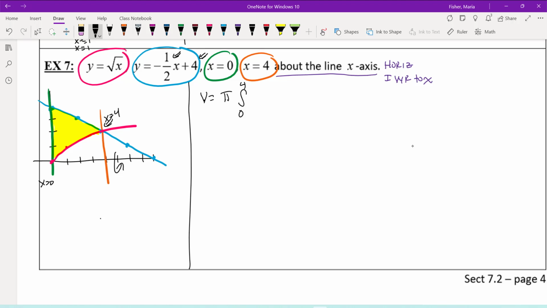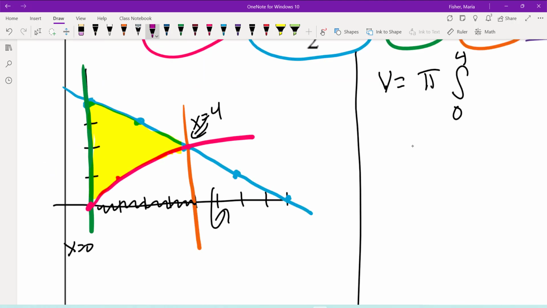Now, what we need to do is find our radius. Now, we do not touch the x-axis the whole entire time. We're not flush with it. So we know that we're going to have an outer and an inner radius. My outer radius is going to be the furthest yellow region from the axis of revolution.